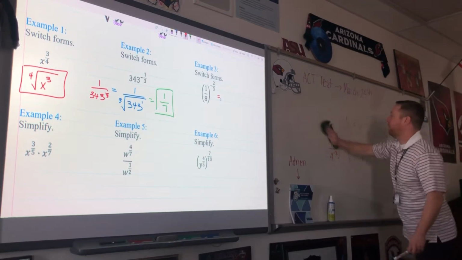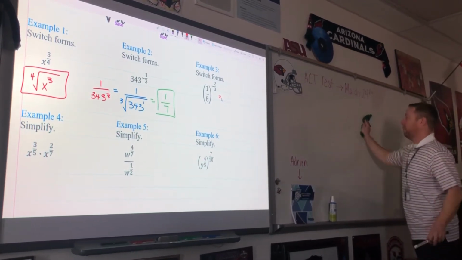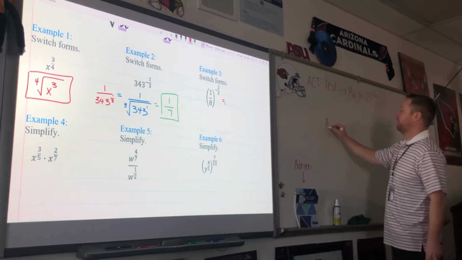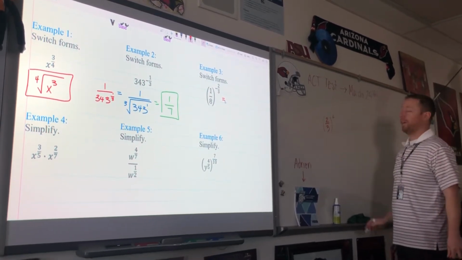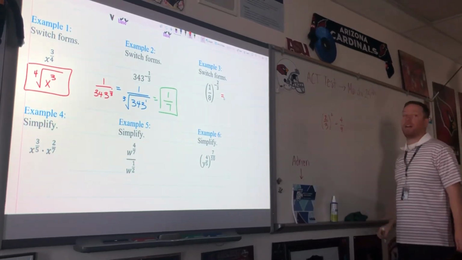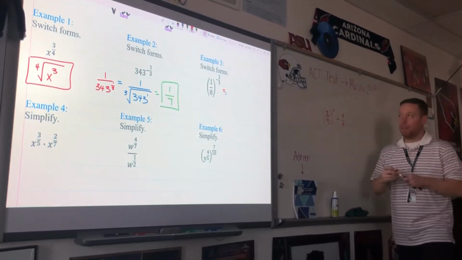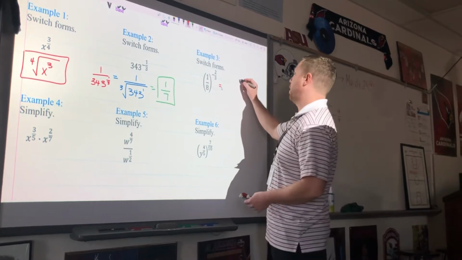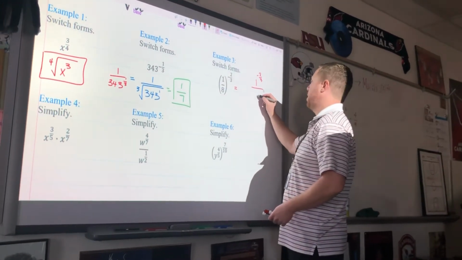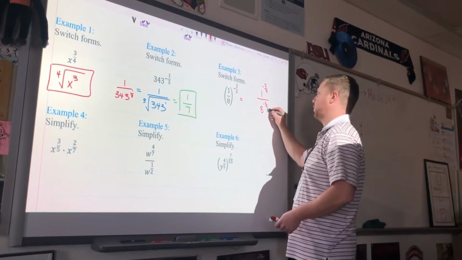Here would be an example with whole numbers. If you had 2/3 all squared, you square the top and you square the bottom, so you end up with 4 over 9. So same thing here. I need it to be 1 raised to the negative 2/3 power over 8 raised to the negative 2/3 power.